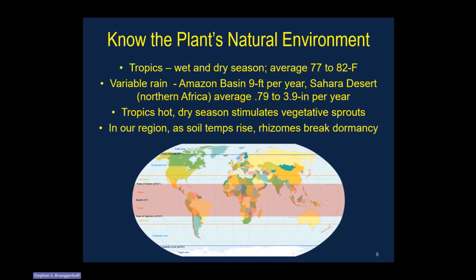In our region, as the soil temperatures rise, rhizomes break dormancy. So that means that sometime around mid-March or late March or early April, all of the ornamental gingers that we're working with are going to start breaking dormancy, and you'll start seeing vegetation emerging from the soil at that point in time.